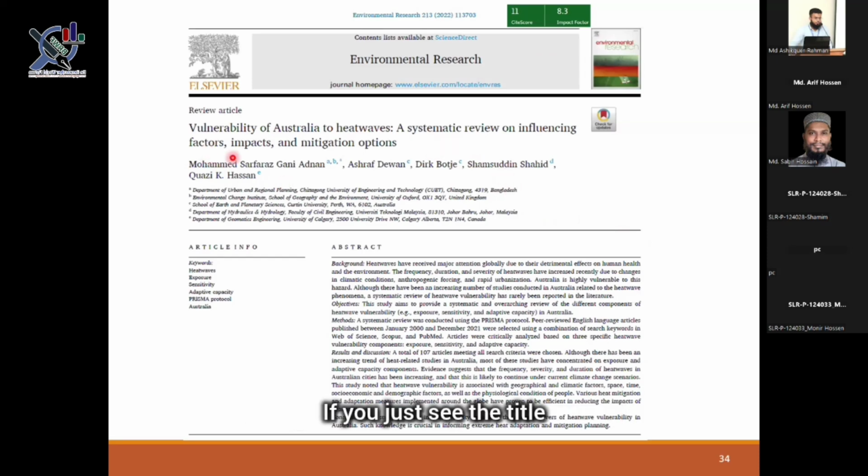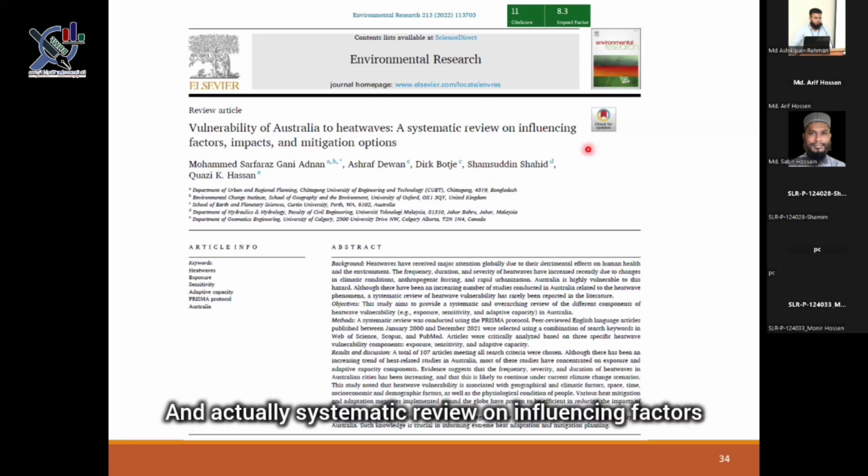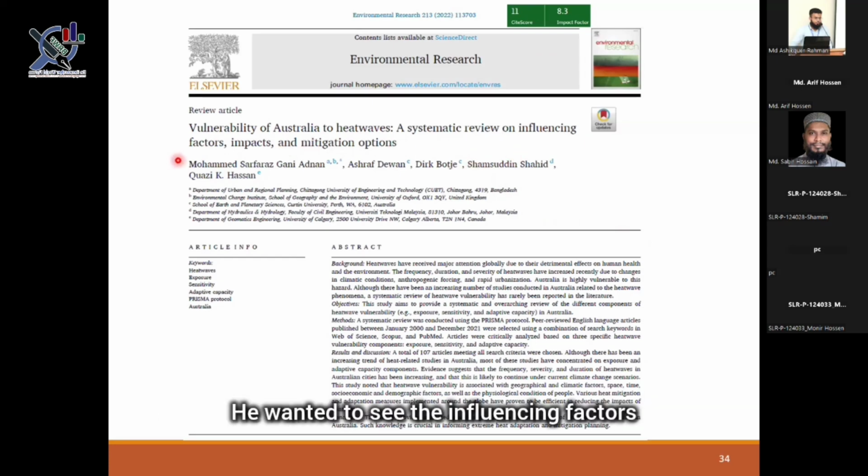The title is heat wave vulnerability for Australia, a systematic review on influencing factors, impact and mitigation. Three things: what are the influencing factors for heat wave vulnerability in Australia, what is the impact, and what is the mitigation option? How can we mitigate this?